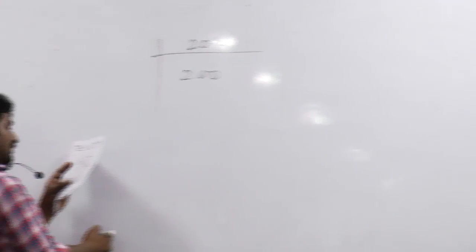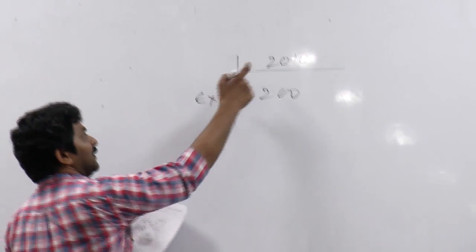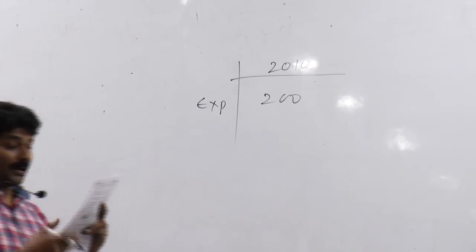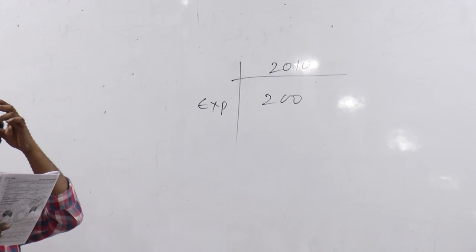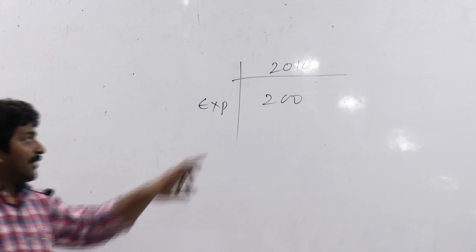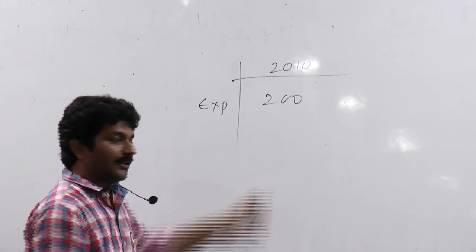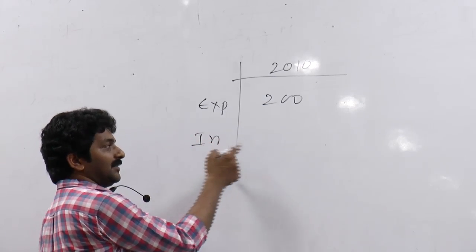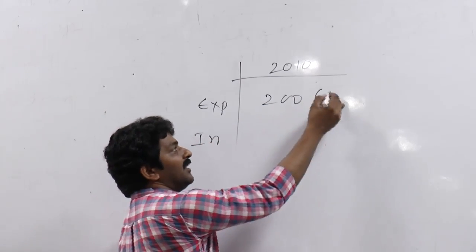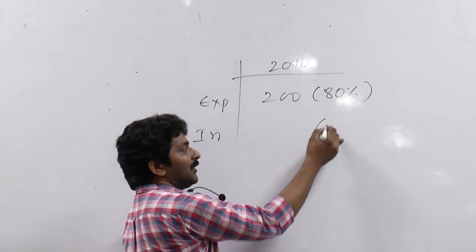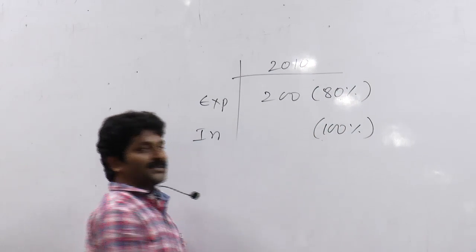This is the expenditure in 2010 for company D, which is 80% of its income. If 80% is this much, income will be 100%. And you are given this is 80%.